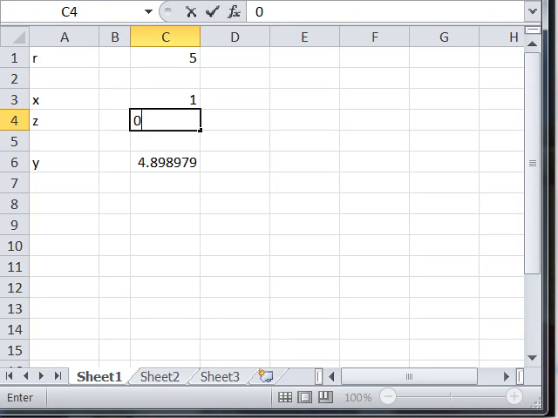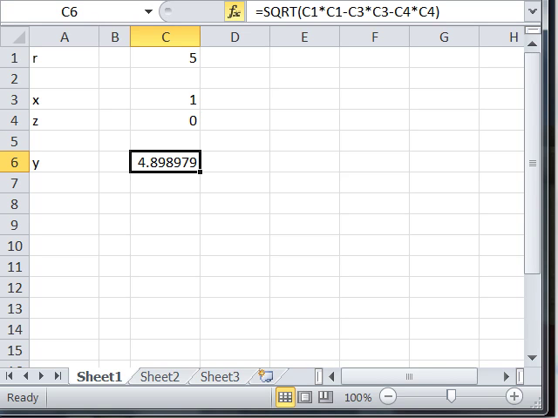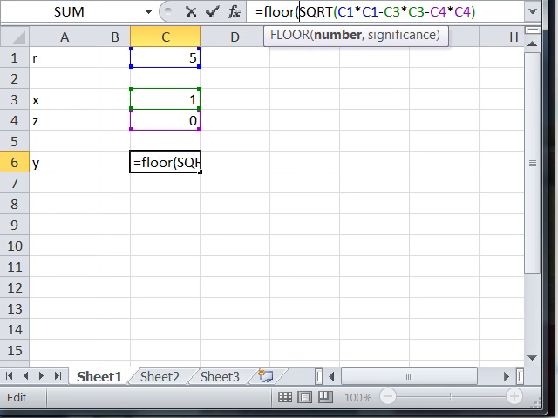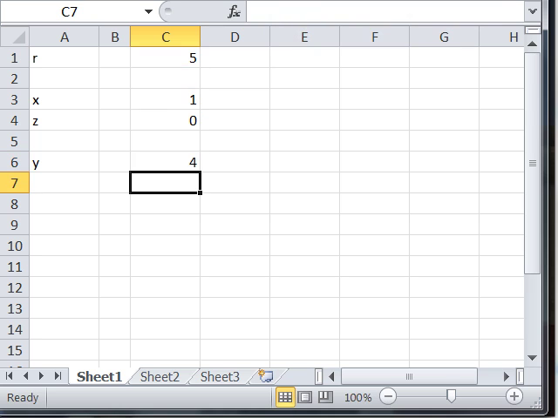Let's say 1 here, 0 here. Oops, we can't really do 0.9 blocks. So let's do a floor function. And here it tells us that at 1, 0, we have to be the height of 4 blocks, same as 2, 0 and 3, 0.